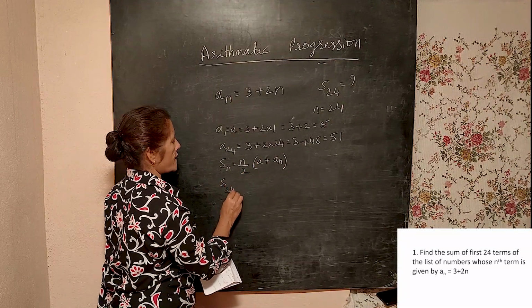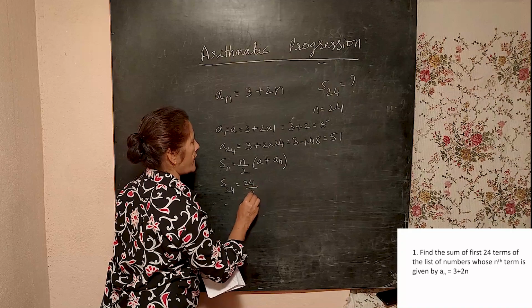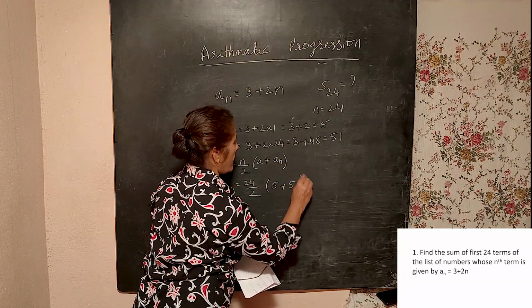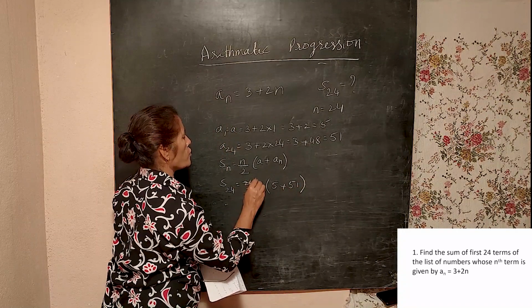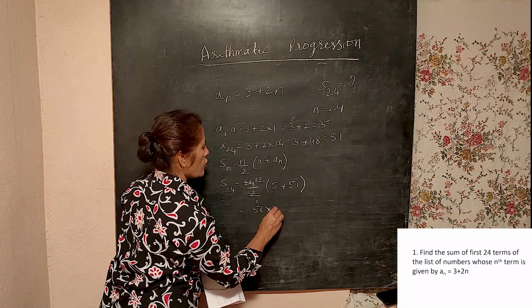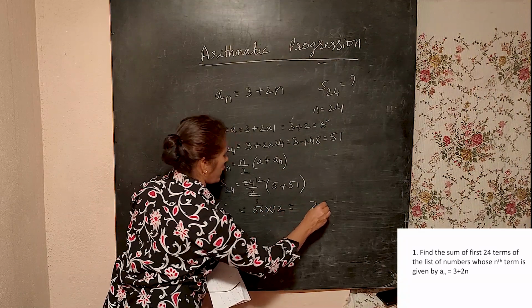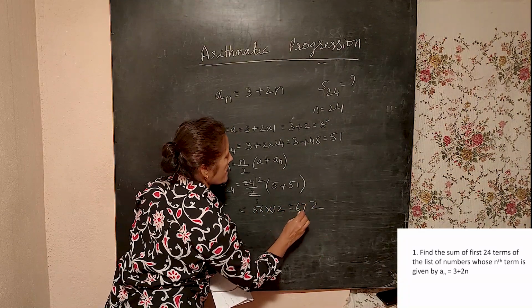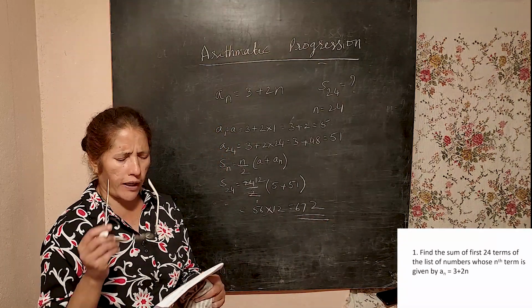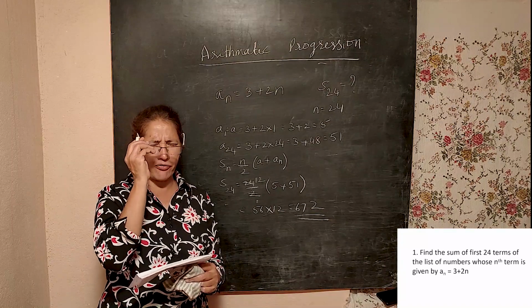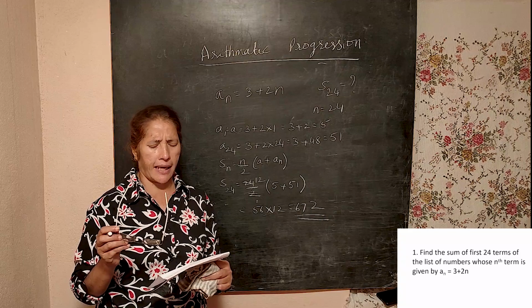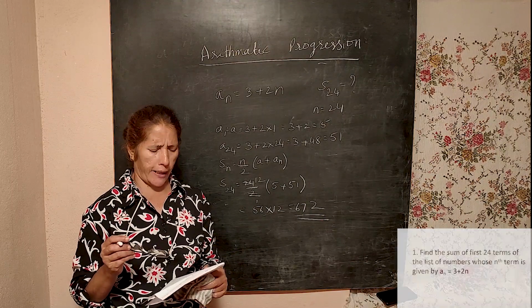S24 is equal to 24 divided by 2 into (5 plus 51), which is 12 into 56. 12 sixes are 72, 12 fives are 60, so 672 is the sum of the first 24 terms of the list of numbers whose nth term is given by an is equal to 3 plus 2n.